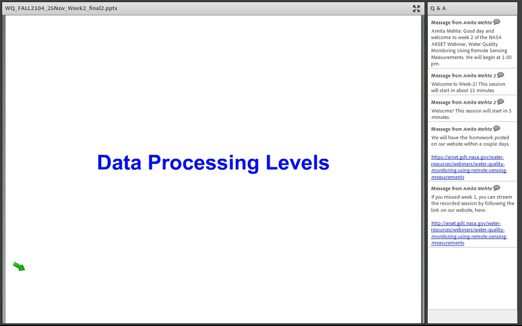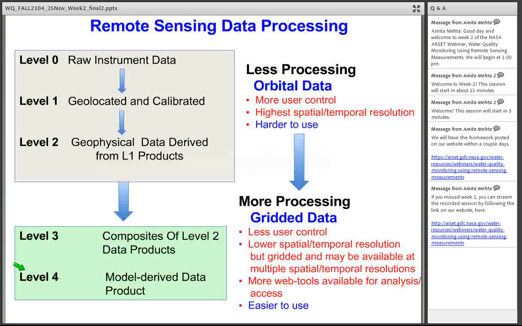So any remote sensing product is processed before using it. So there are usually different data levels available for remote sensing products. And here is a summary of how data levels are defined and what they provide. For any remote sensing sensor or instrument, level 0 data means raw instrument data.